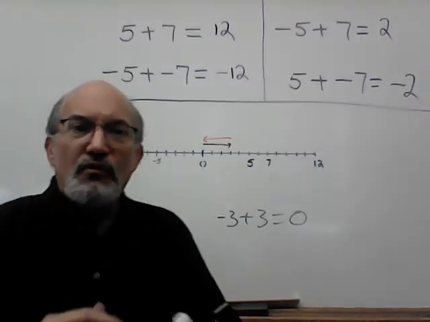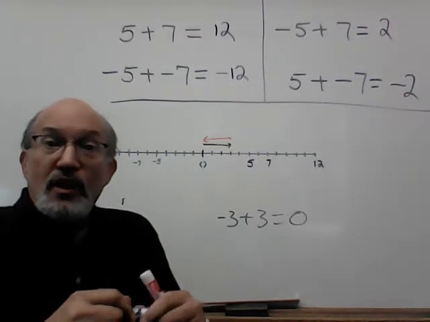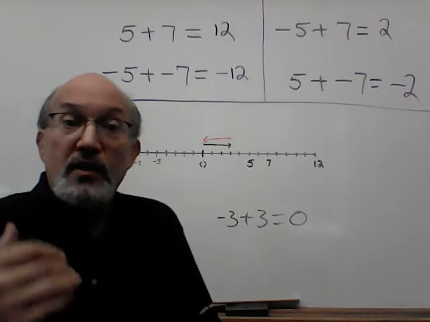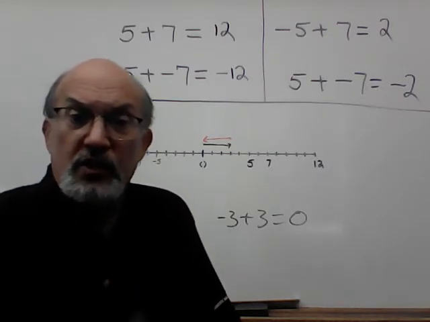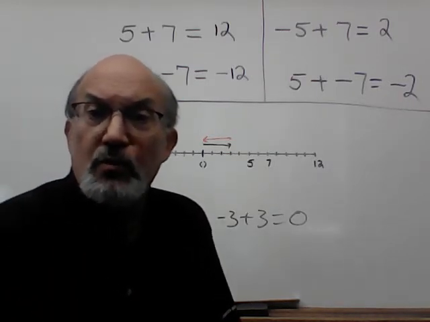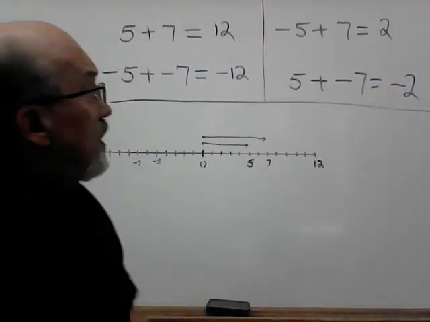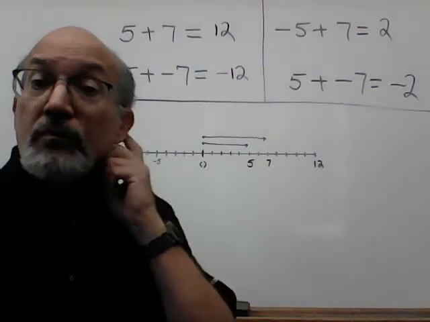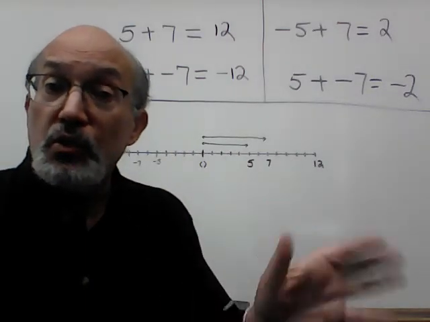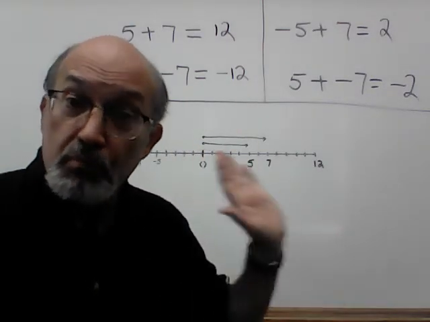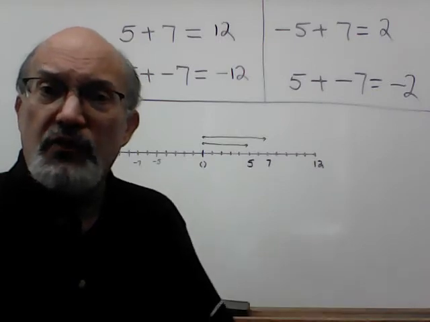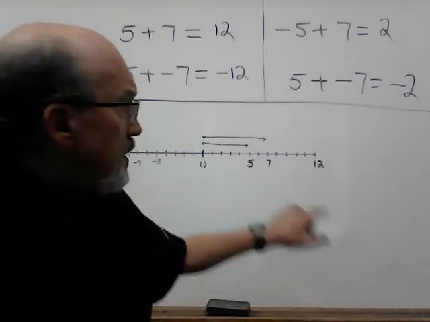So there are the 4 answers, and now let's quickly look at the 4 additions in terms of vectors on the number line. So for 5 plus 7, we see the 2 vectors pointing right, representing 5 and 7, both of them pointing right.